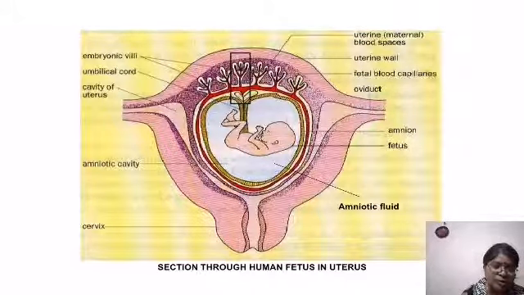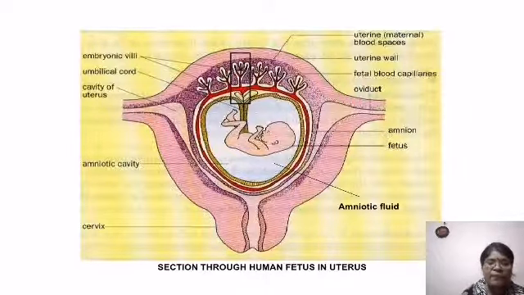You can see here these are your chorionic villi, and inside them the fetal blood vessels are growing. I will show you the placenta diagram much more clearly than this. It contains the fluid and blood vessels that become the fetal part of the placenta.